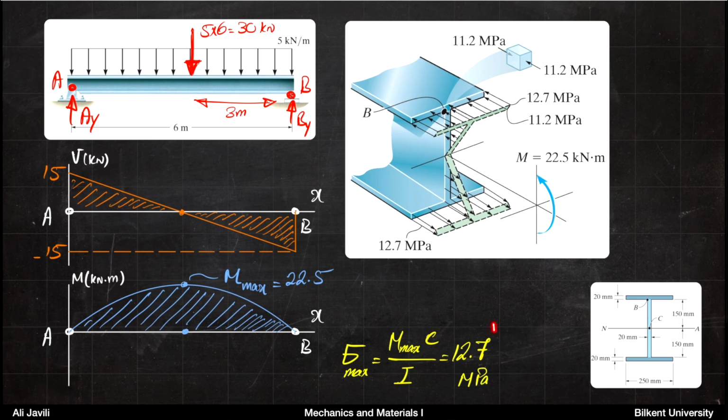So once you have that, you know the maximum stress would be 12.7 megapascal. That means on this picture, at the line farthest away from the neutral axis, you get the stress of 12.7 megapascal.